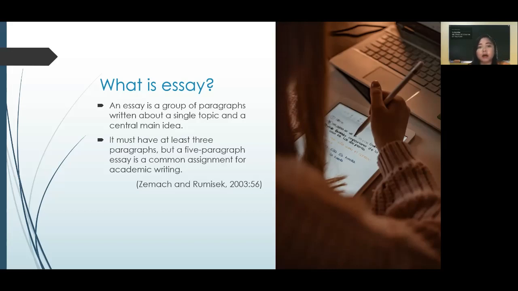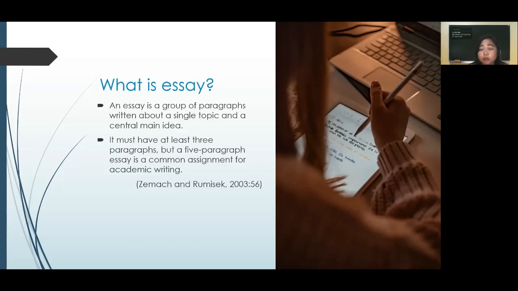Second, an essay must have at least three paragraphs. But a five paragraph essay is a common assignment for academic writing.